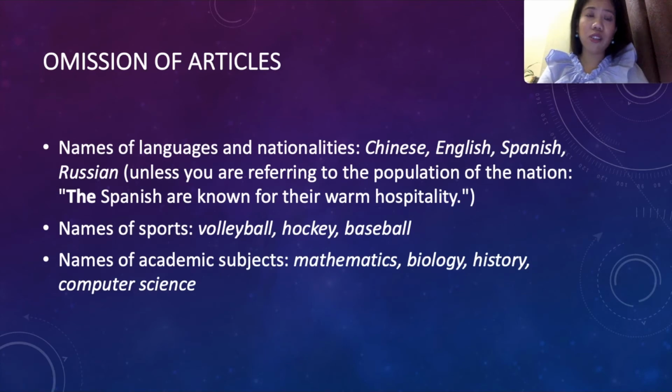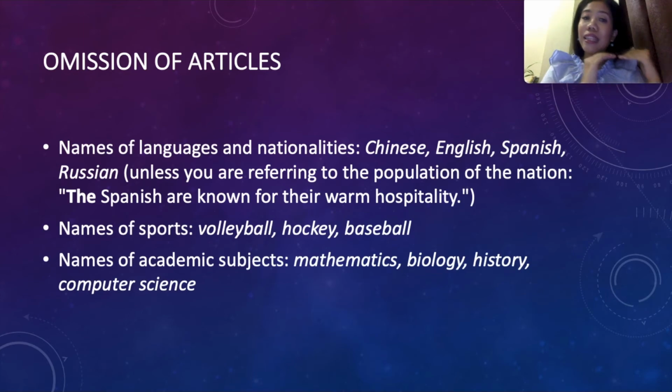Omission of articles. When can we omit? We omit the articles if we're referring to names of languages and nationalities, unless you are referring to the population of the nation.